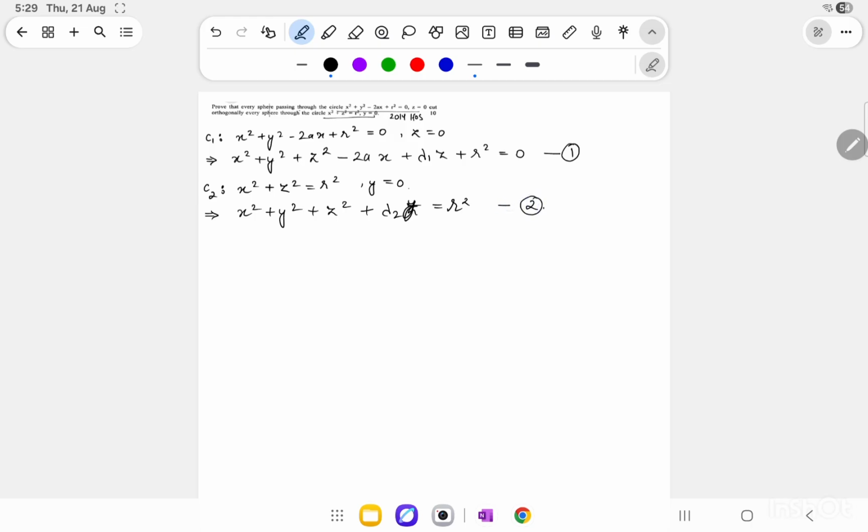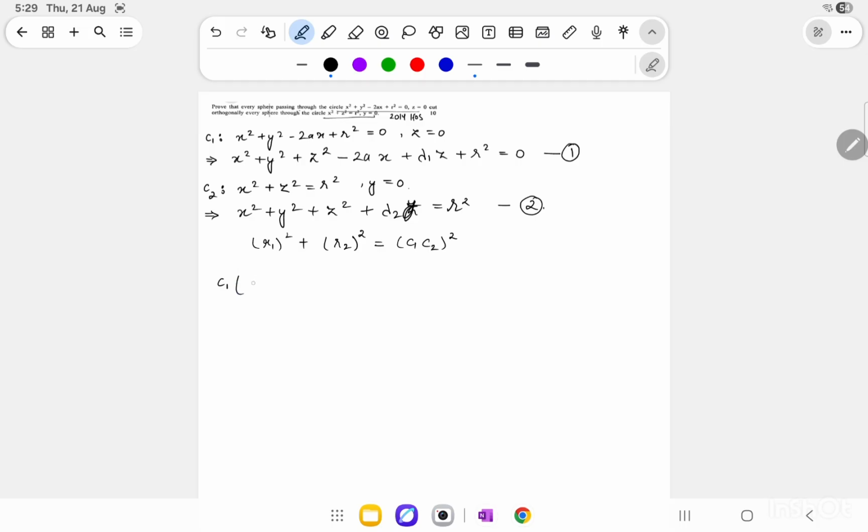So they have given me that these two spheres cut each other orthogonally. So if two spheres cut each other orthogonally, then we have result that radius of one square plus radius of second sphere square must be equals to square of distance between their center. So let us find out center and radius of sphere 1. Let C1 be the center of sphere 1.